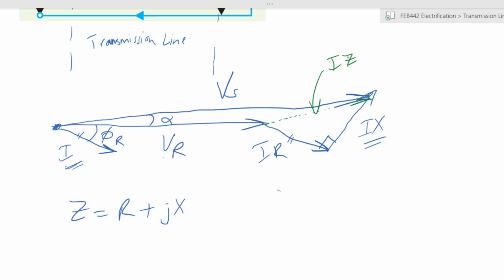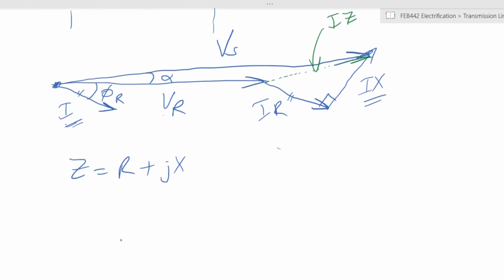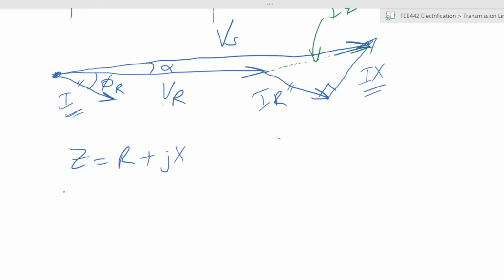So what that would mean is our Vs, our sending end voltage, is equal to VR, the receiving end voltage, plus IZ, which is in turn equal to VR plus I times (R plus jX).